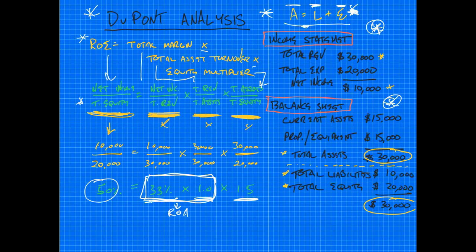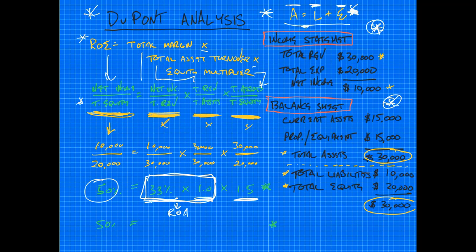Now I would suggest that for any assignments that you might have, just take it to the next step, which you'll want to do: the 50% equals. Leave this step, you need this number. This is critical. You want to keep this one, and then you'll often leave this next one that I'm going to do here, which is simply calculating the ROA, which is 0.33 or 33% times 1.